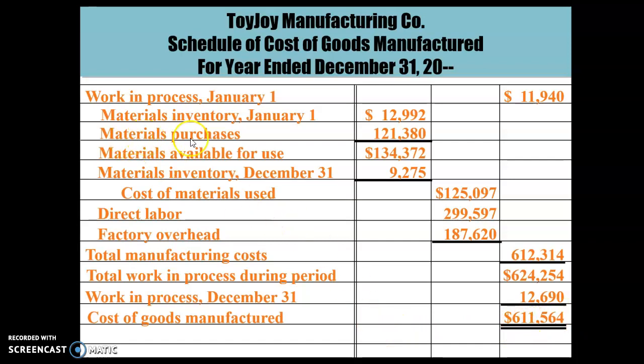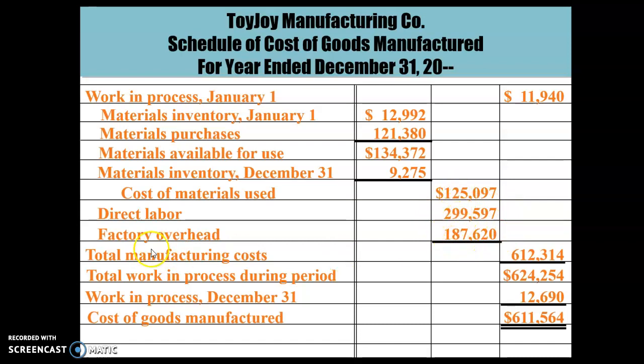Now, as we go through, this is similar to the previous video. We have to first of all calculate the cost of the direct materials. And so we start out with the beginning materials. We add any material purchases. We subtract the ending materials, and that gives us the cost of the materials used. And then we add in the direct labor and the overhead that was applied.